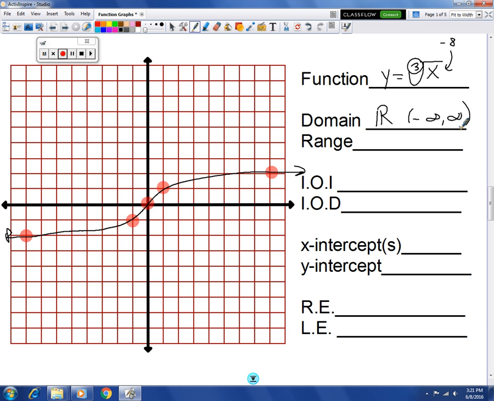All right, the range might give us a little trouble if we don't think about it. This point over here has a y value of -2. This one has a y value of -1. This one a y value of 0. This one a y value of +1. This point has a y value of +2. So if you're not thinking beyond where this graph goes, you might say -2 to +2.